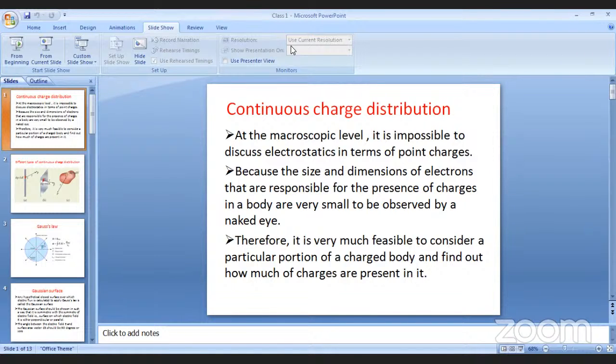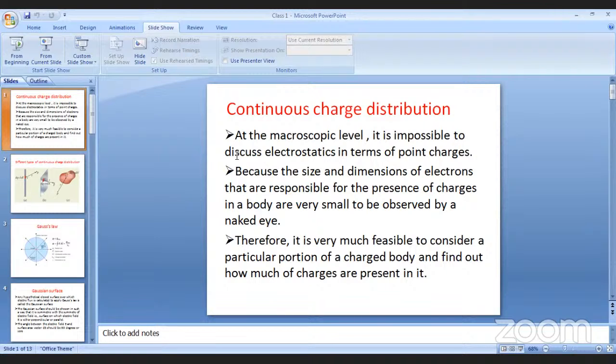Whenever we take a macroscopic object, we can say that this much charge is present in a particular area of the object, or this much charge is present in a particular volume of the object. This is what a continuous charge distribution is all about.